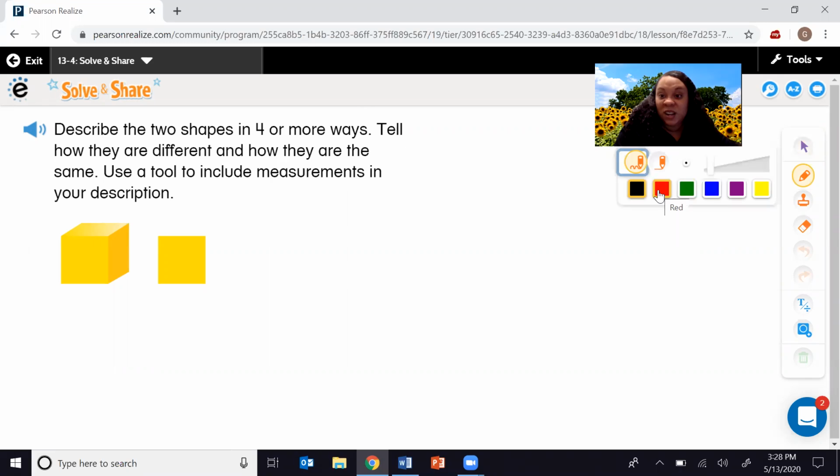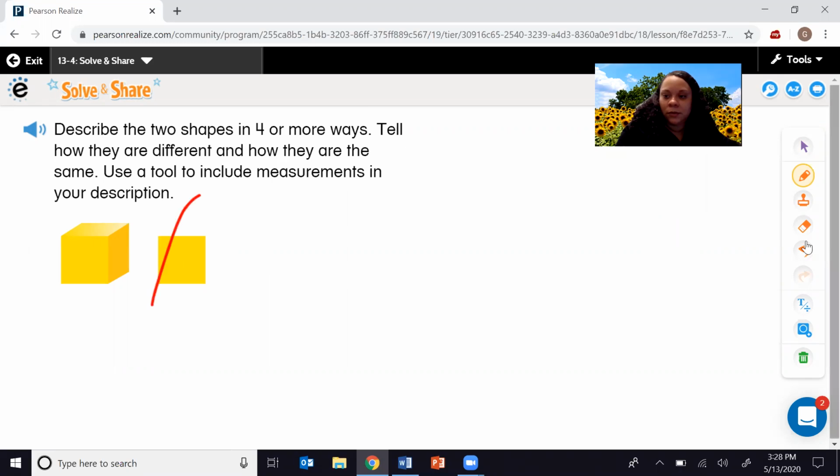Well, let's start with the easy one because we already know what this is. This is called a square. And this has 4 sides. Four sides, it's flat.